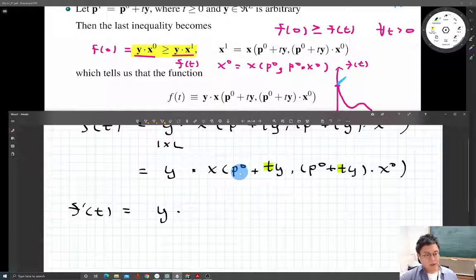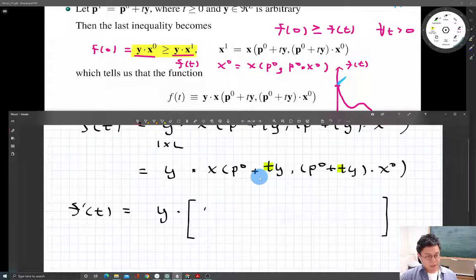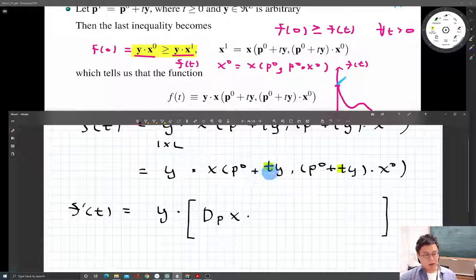So the derivative with respect to t is going to be two pieces. First, the derivative matrix of x with respect to p, and then we multiply by vector y. But we assume that vector y is a 1 by L matrix, and the derivative matrix is going to be L by L.